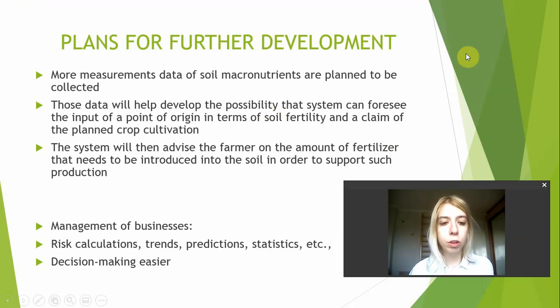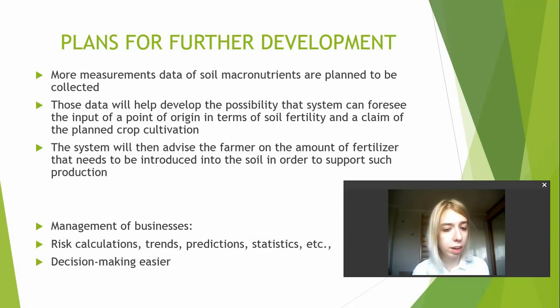Now, plans for future development: we are planning to have more measurement data of soil macronutrients. Also, those data will help develop the possibility that the system can foresee the input of a point of origin in terms of soil fertility and claim of the plant crop cultivation.